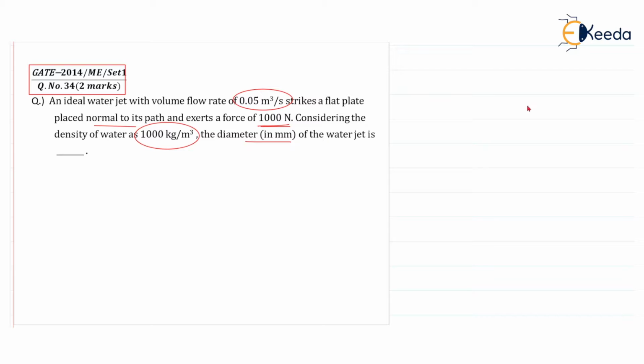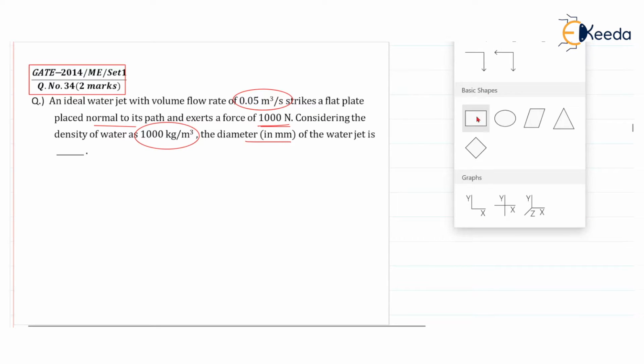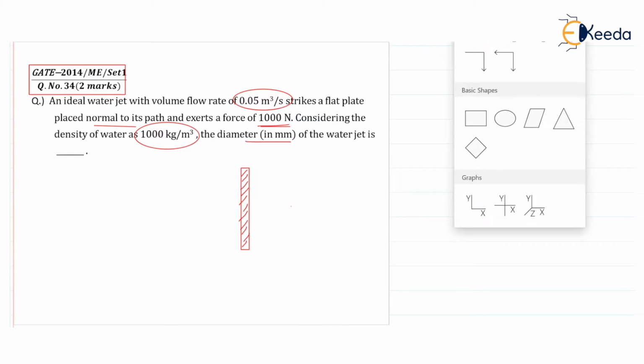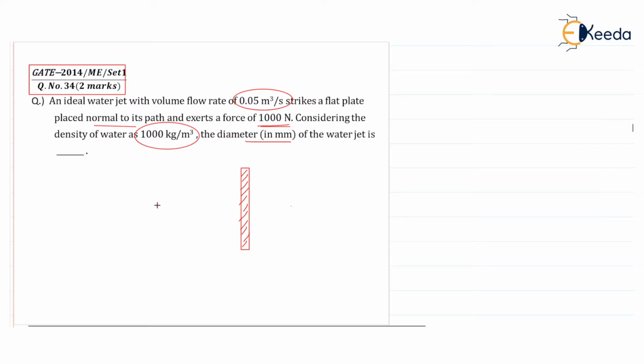Correct. So first of all, draw the diagram of what exactly is given in the question. So we are having a vertical plate like this, and water jet is coming from a nozzle. So this is the nozzle.